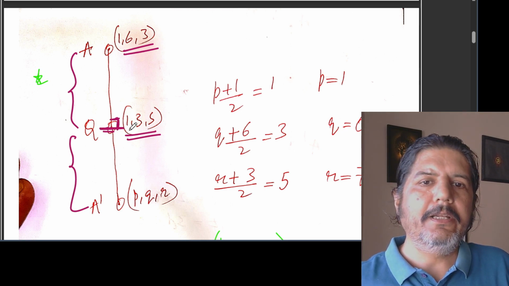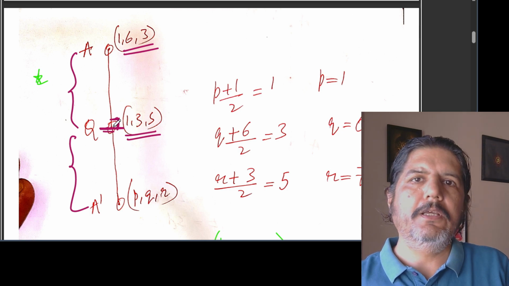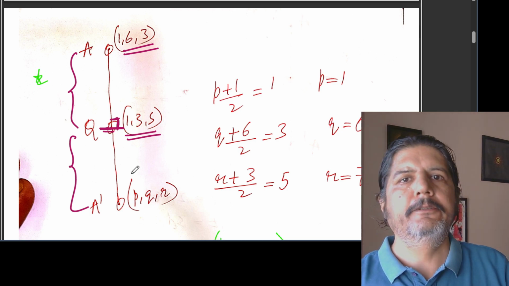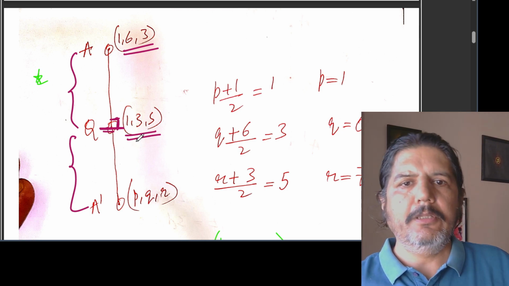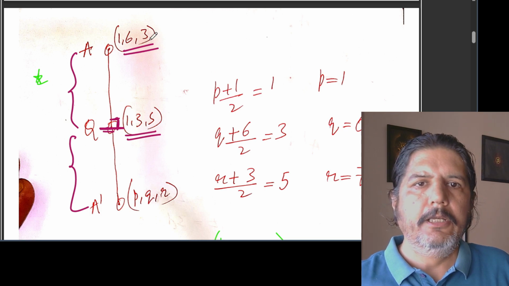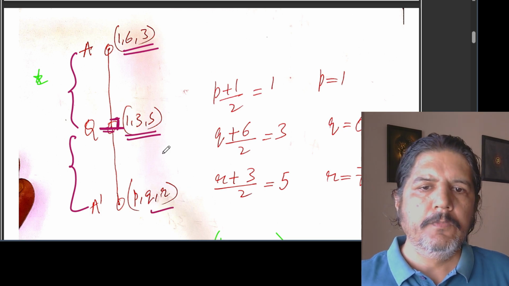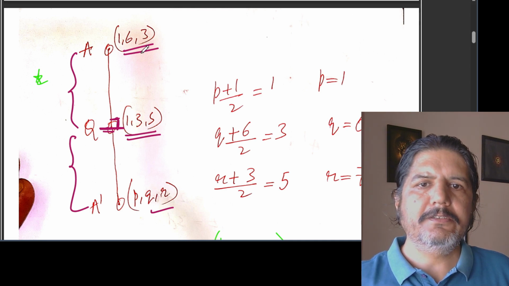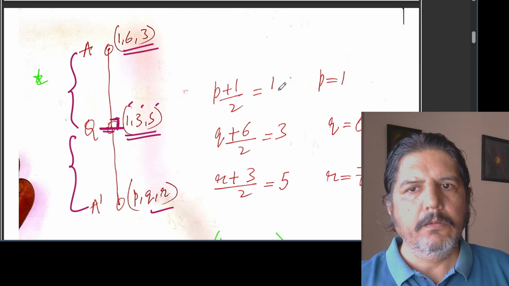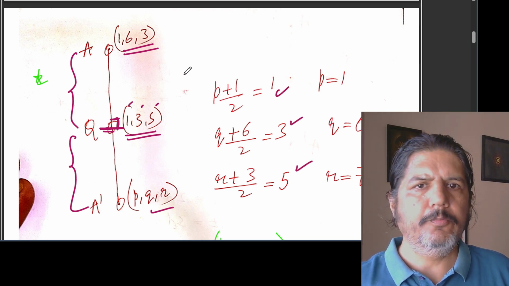So Q is basically the midpoint of AA dash. So I'll be using the midpoint formula. So consider A dash to be p, q, r. So p plus 1, q plus 6, r plus 3 upon 2 would be equal to 1, 3, 5. I hope you have understood.